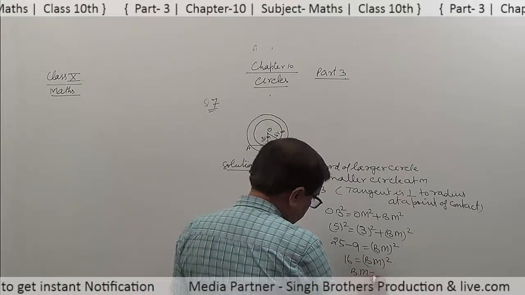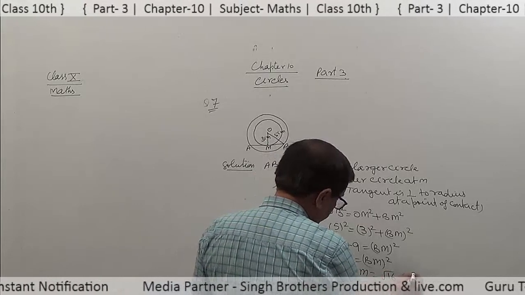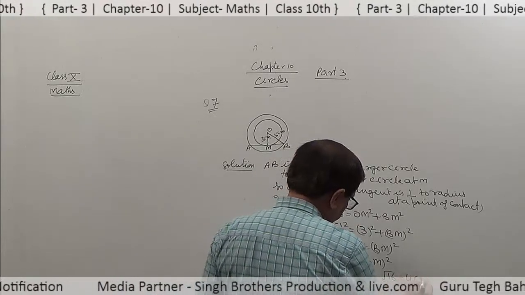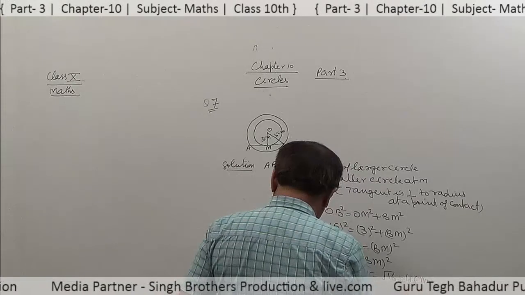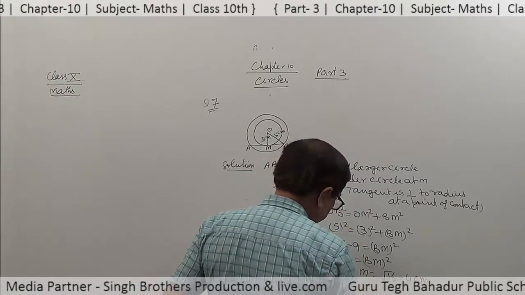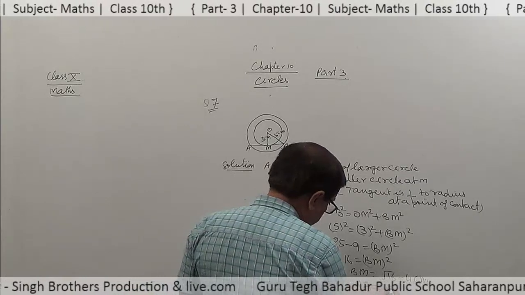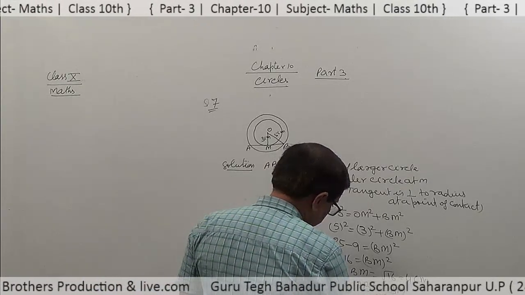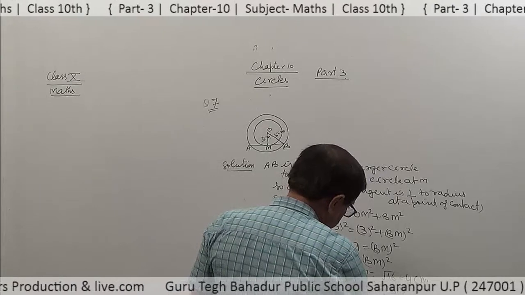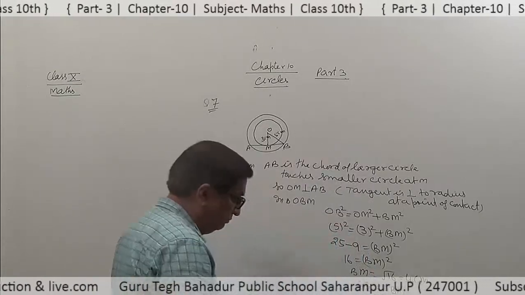BM is equal to square root of 16, that is 4 centimeter. AB is equal to twice BM, 2 into 4, that is 8 centimeter.